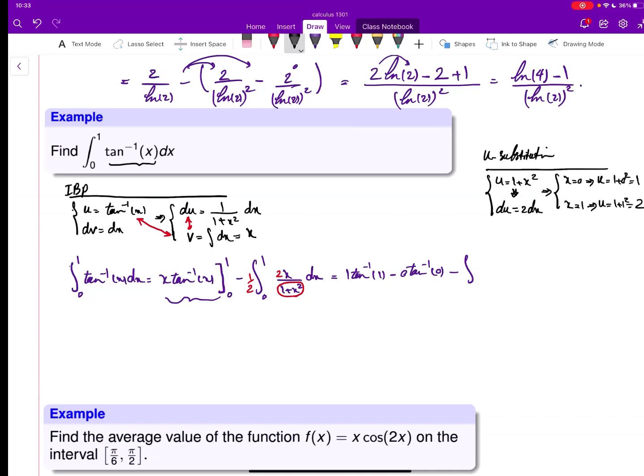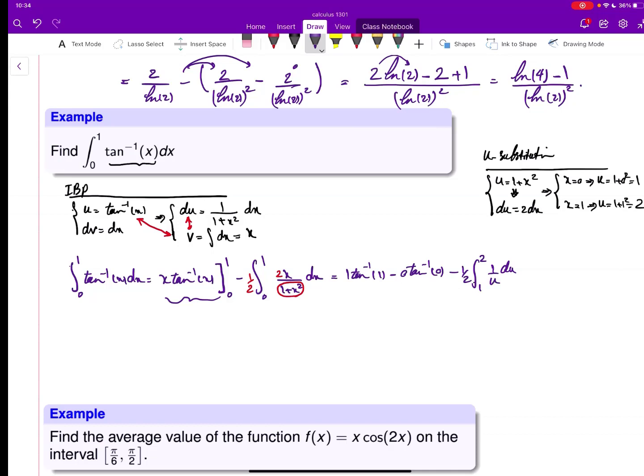Okay, so we get half, please go back to blue, half of integral 1 to 2, and then here you have du, 1 over u.